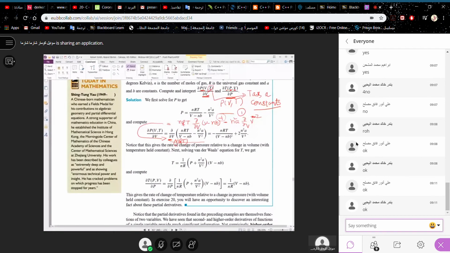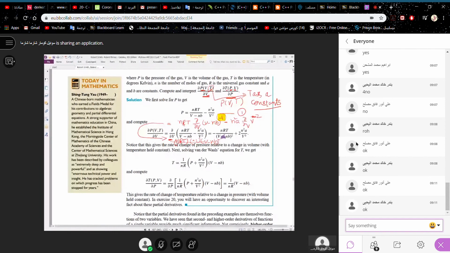This power is how much? Minus 1. So we can write it as minus 1 (V minus nb) to the power minus 2, del upon del V of (V minus nb), minus n square a into here.